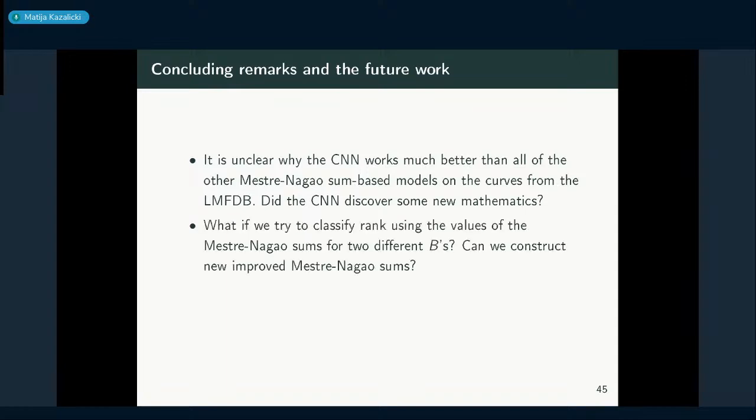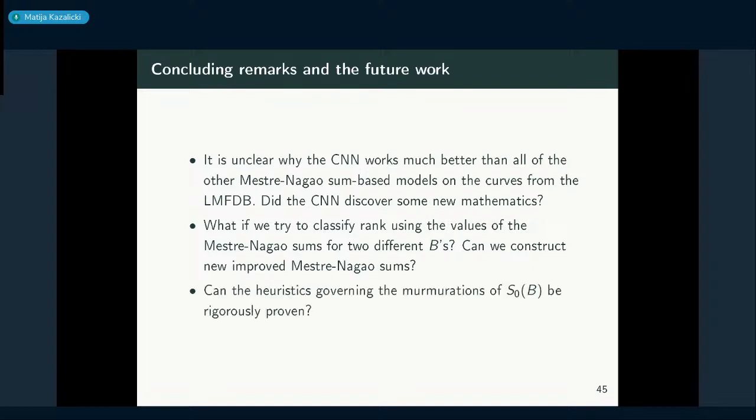The second question, which we are also working on now, is to construct new and improved Mestre-Nagel sums. For example, we can try to construct sums that use two different B's or more. So the question is, are these sums going to perform better than the Mestre-Nagel sum with only one B?